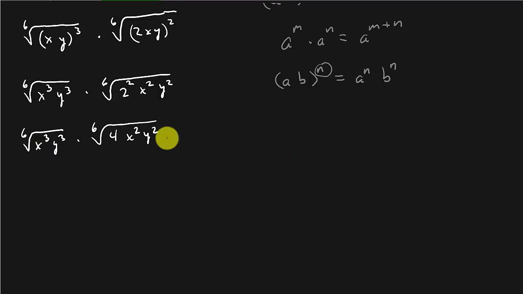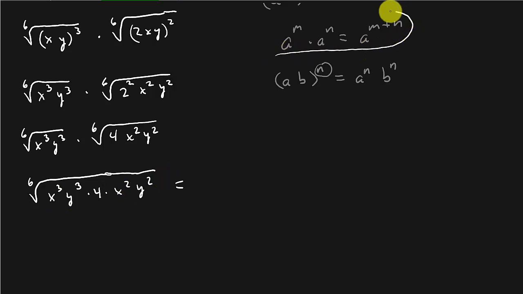All right, so now we're ready to multiply. So that's going to be the 6th root of x cubed y cubed times 4 times x squared y squared. And so this is going to give us, remember, if you're multiplying, you have like bases, you add the exponents. So that's going to be the 6th root.